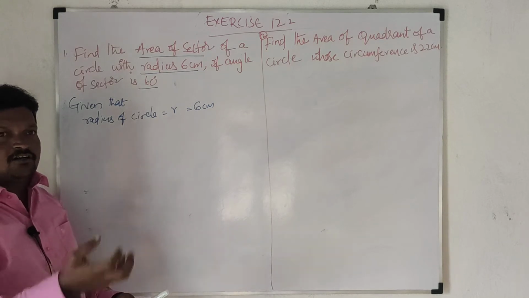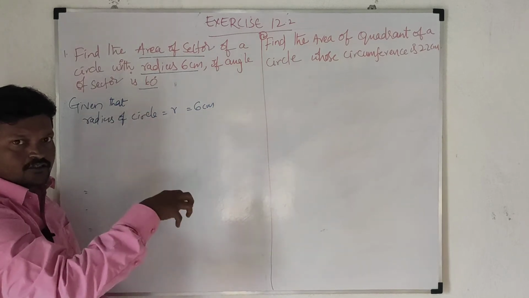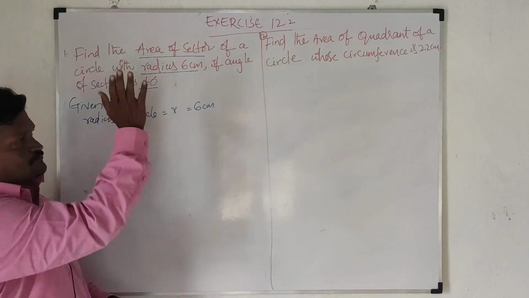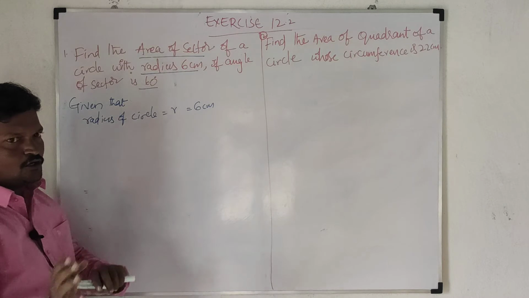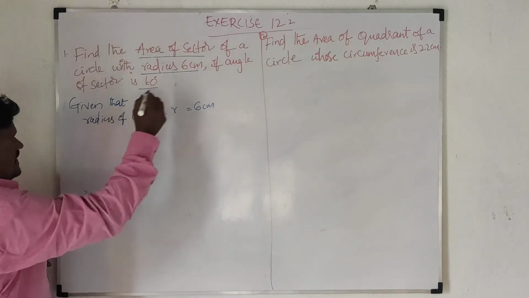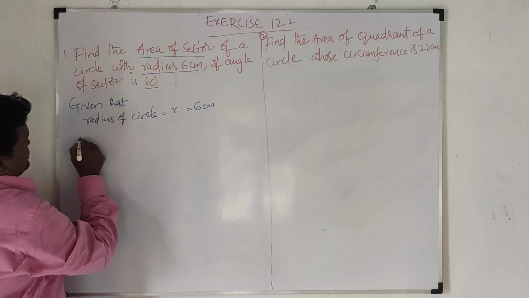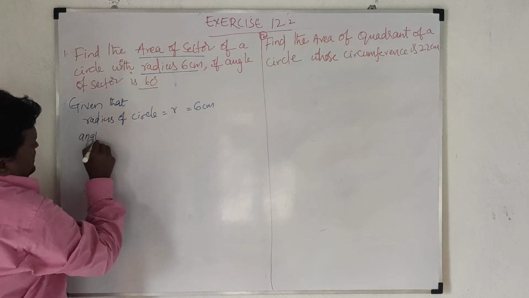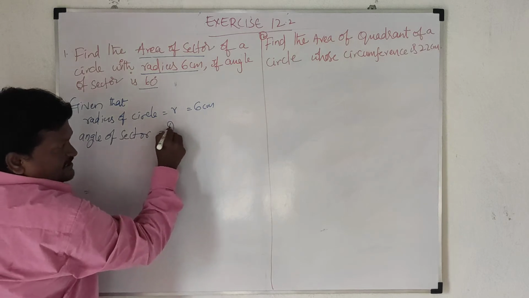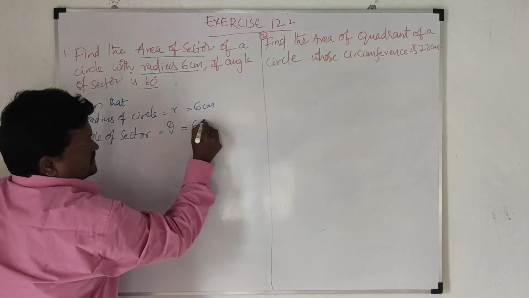Because a sector is a portion of the circle. That's why the radius of the circle becomes the radius of the sector, so both are not different. Keep that in your mind. And the angle at the center, the angle of the sector, theta, is equal to 60 degrees.